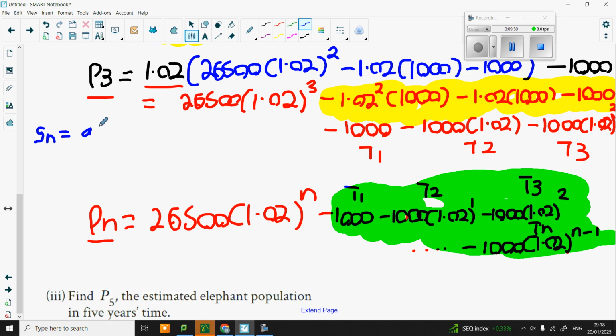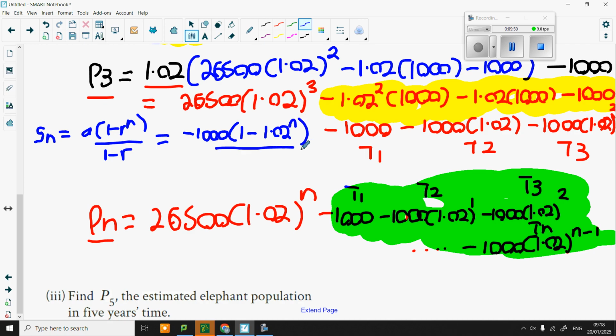Sn equals A into 1 minus Rn all over 1 minus R. Okay, what's my A value? Mine's a grand, yeah. And my R value? 1.02 to the power of n. Okay. On the bottom, 1 minus 1.02.